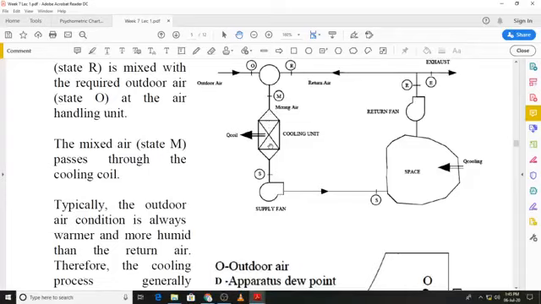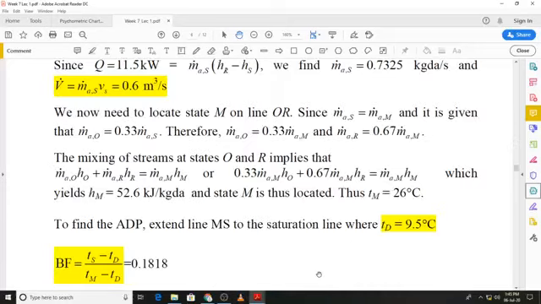And remember, this is the mass flow rate of the dry air, so there's no change in this mass flow rate once it passes through the cooling unit, and it will be the same at state S. So that is what is stated over here, that the mass flow rate of dry air at state S is the same as the mass flow rate of dry air at state M. And in the problem we are told that the supply air contains 33% by mass outside air, that is the outside air is 0.33 times the amount in the supply air.